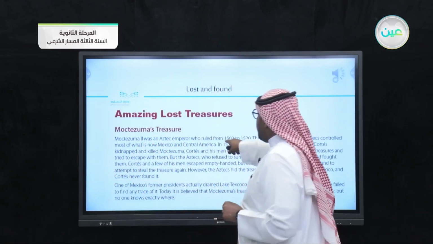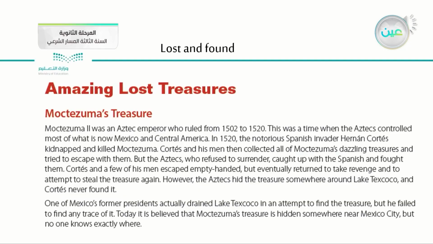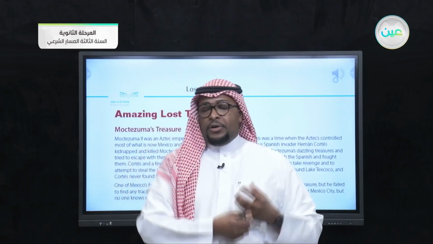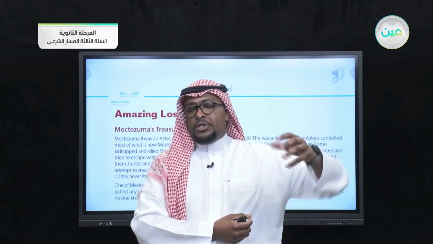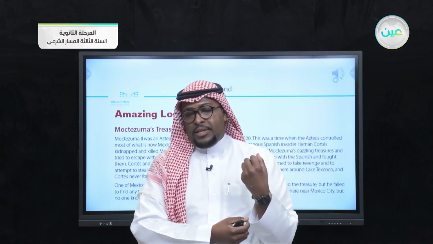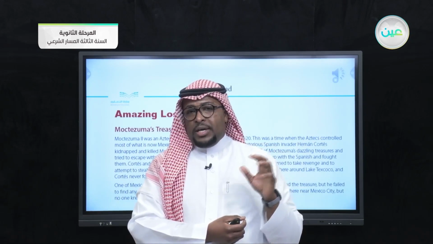He was an emperor of the Aztec civilization, which was in Central America and Mexico nowadays. He led that civilization from 1502 to 1520, and there was something very important, which is a treasure. Some of the Spanish forces tried to fight them, and they wanted to have the treasure, but they couldn't.